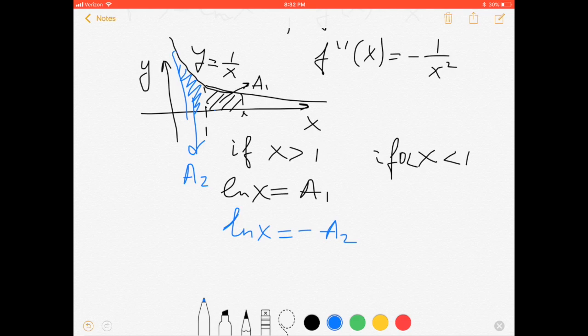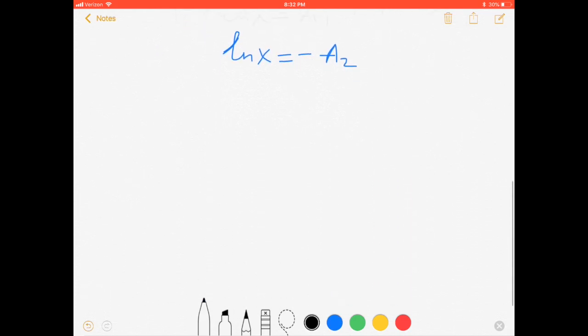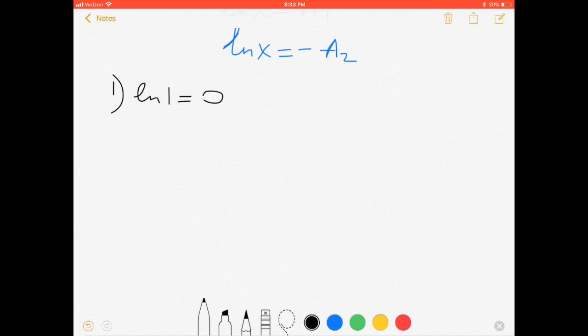Okay, great. Now we have a couple more pieces of information about this function. First, you can easily see in the definition that natural log of 1 is 0, because it's the integral from 1 to 1.